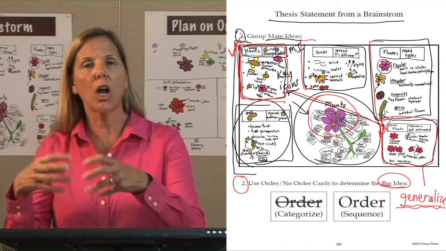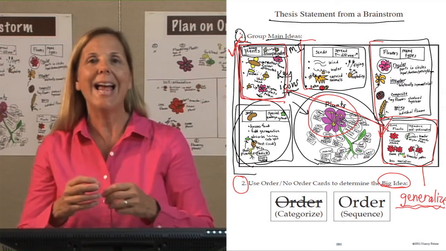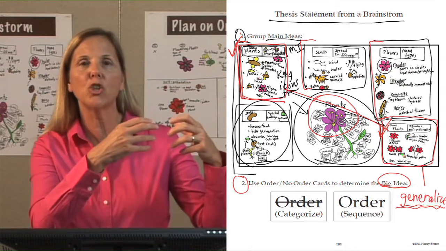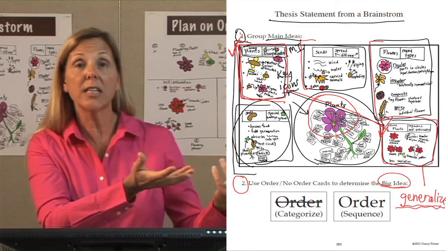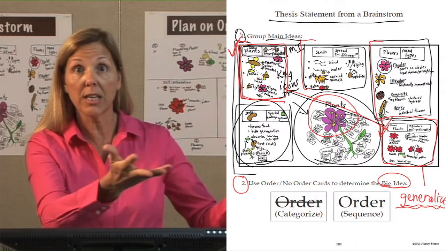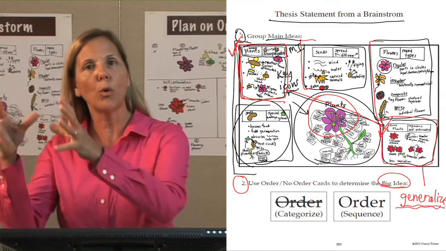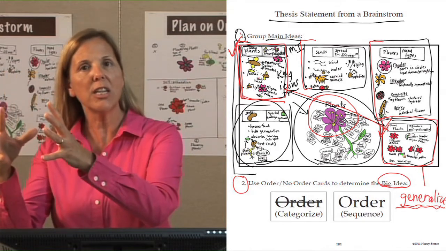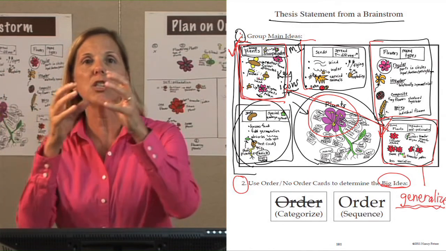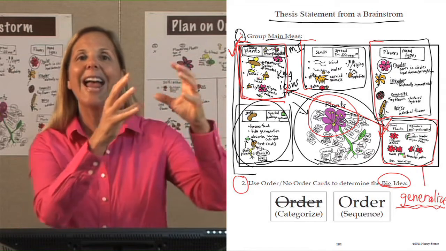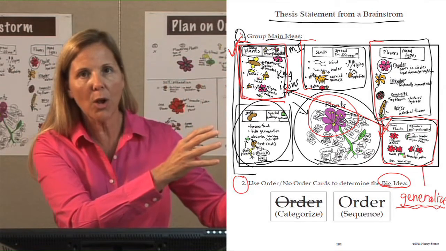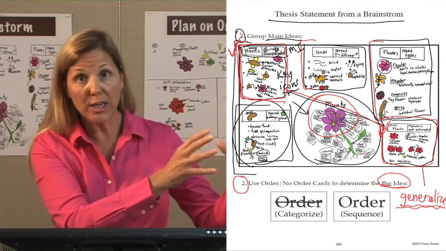So I need to talk about how they become seeds, and then the next main idea needs to go into, once they're seeds, then I need to tell you how they spread the seeds in different places. So our main idea boxes are going to be pollination, maybe I'll start with self-pollination, go to cross-pollination, and then the last main idea box is going to be how they spread their seeds.